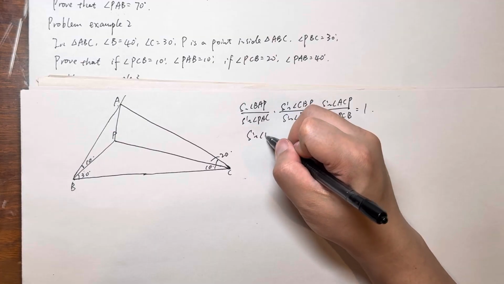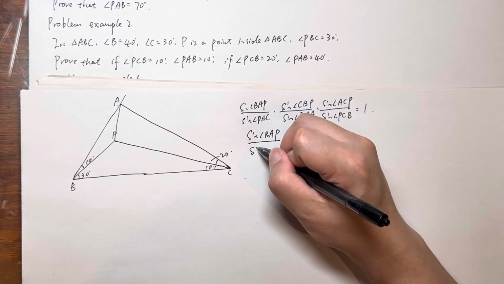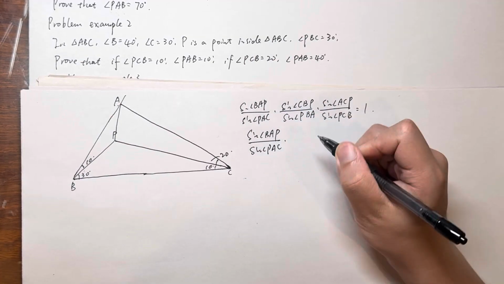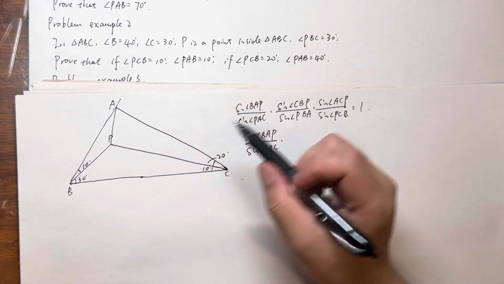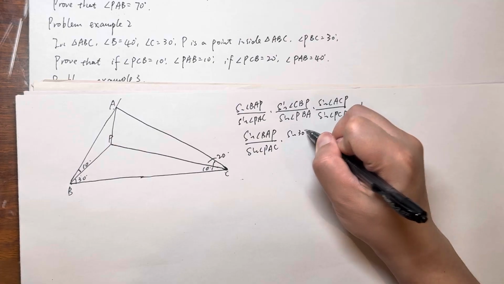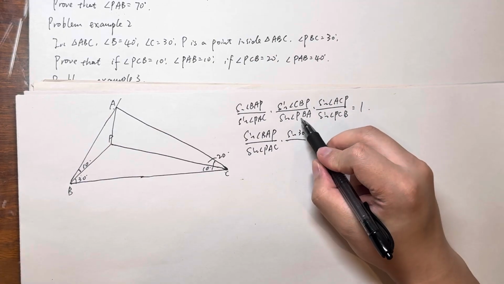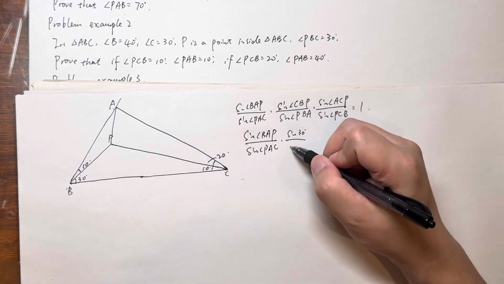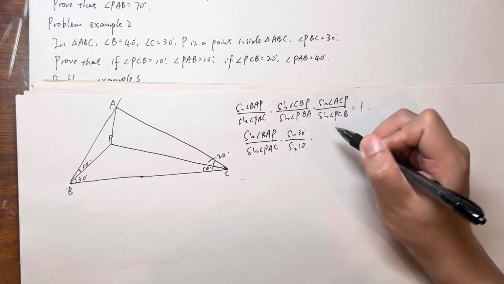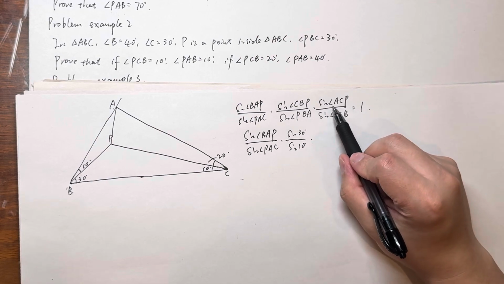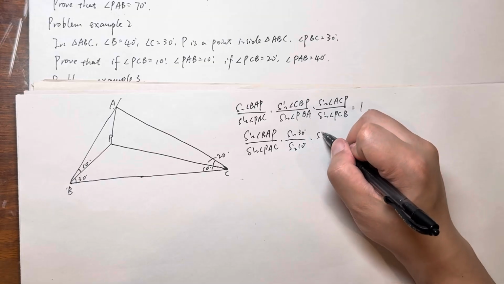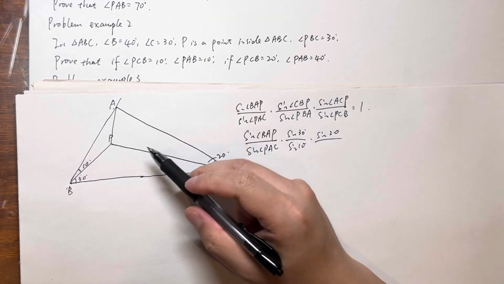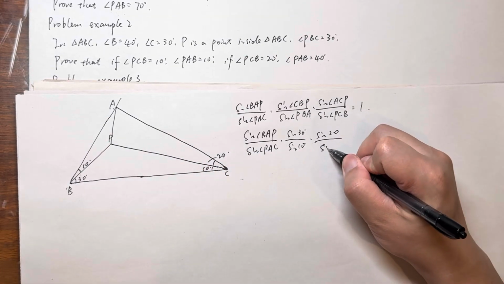So sine angle BAP to sine angle PAC times sine angle CBP, which is sine 30, right, to sine angle PBA, which is sine 10, times sine angle ACP, which is sine 20, to sine angle PCB, which is sine 10.